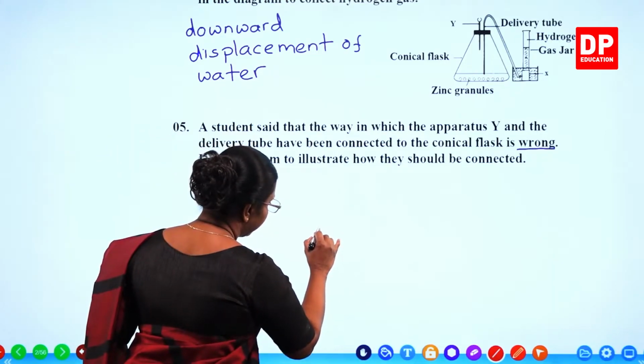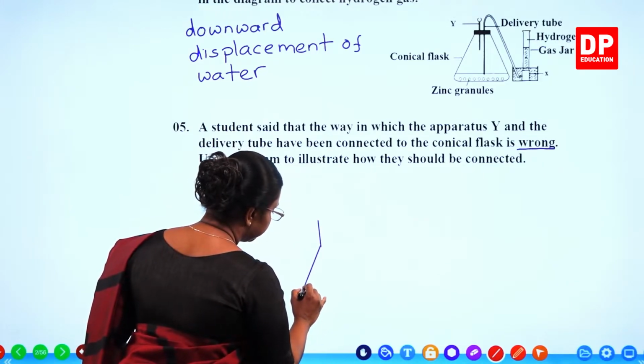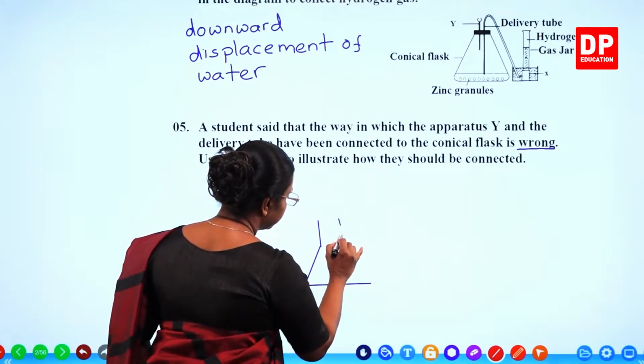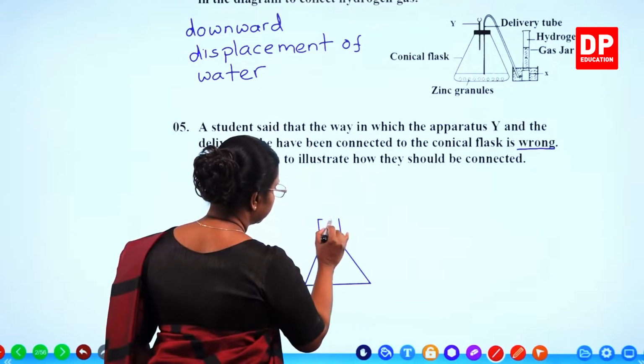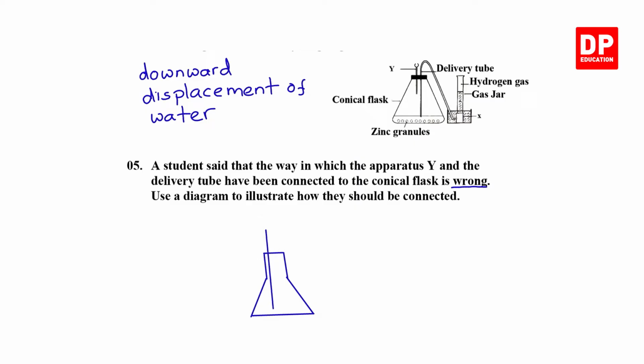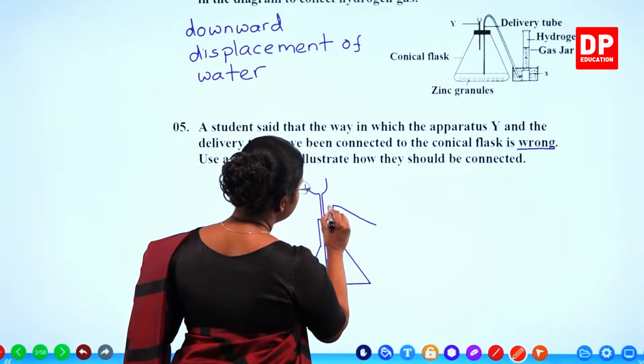So, here we have the conical flask. The thistle funnel has to come right to the bottom, whereas the delivery tube will be somewhere here. That is the delivery tube.